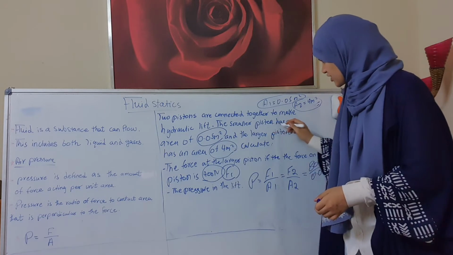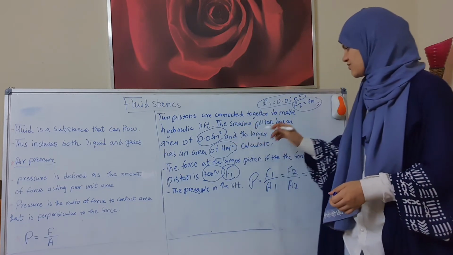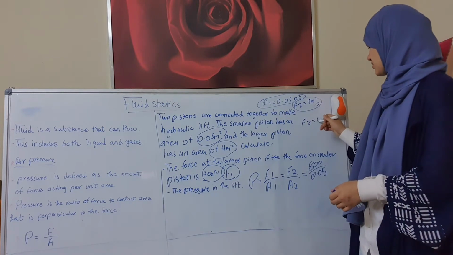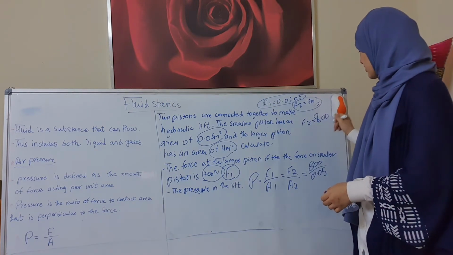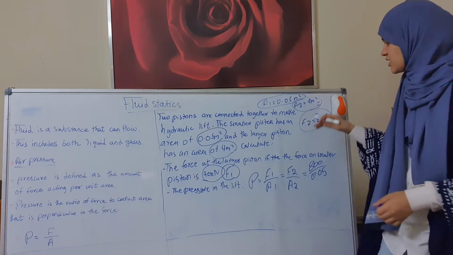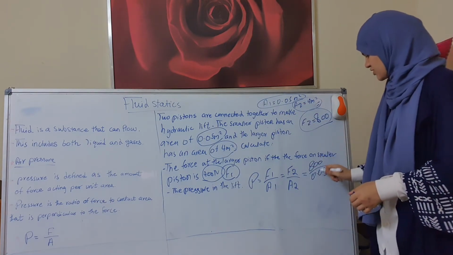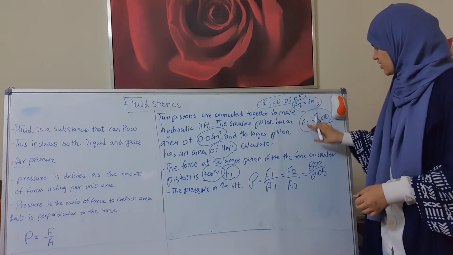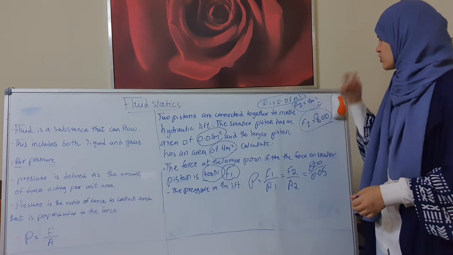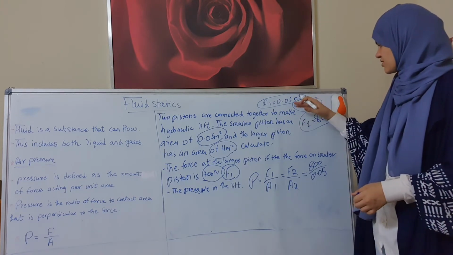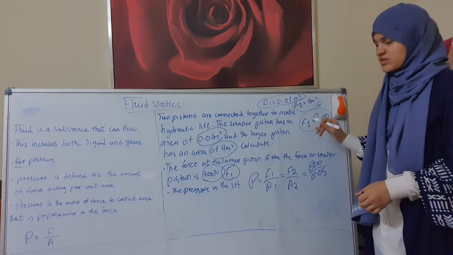First of all, F2 is 800, I mean F1. Why? Because 2 times 400 is equal to 800.